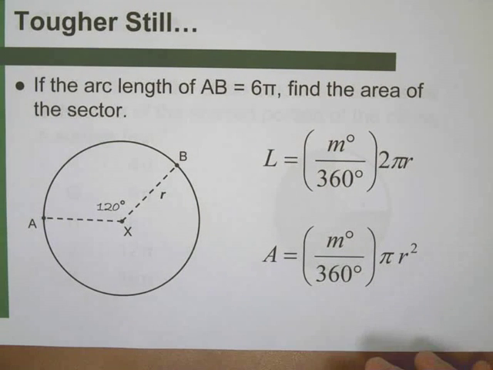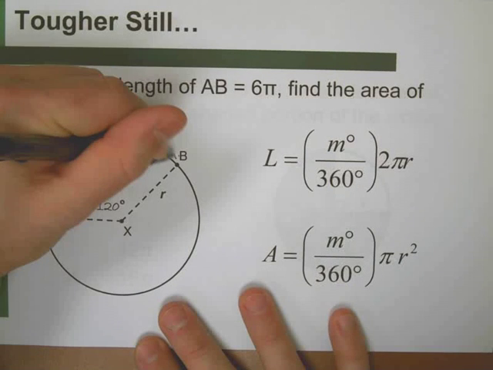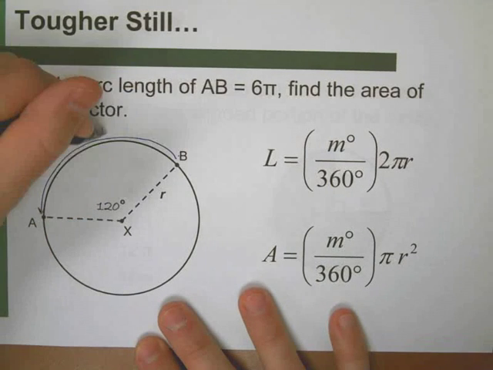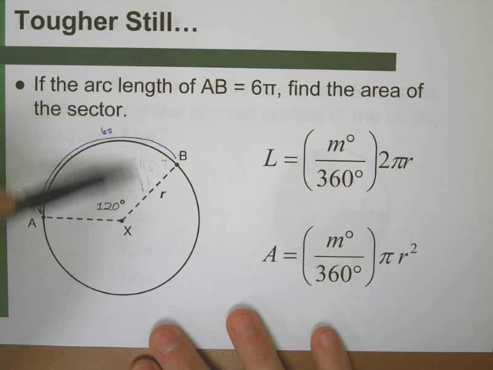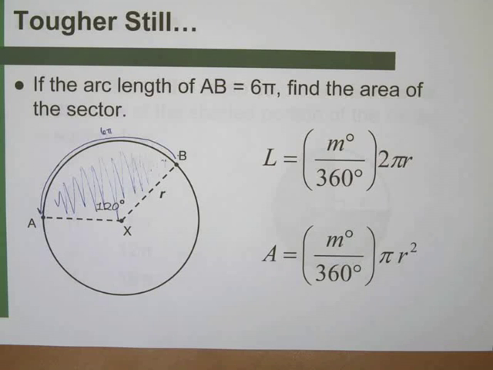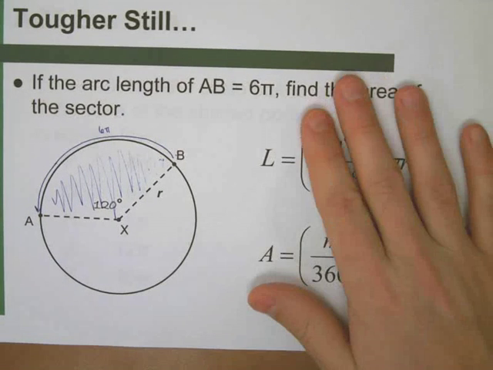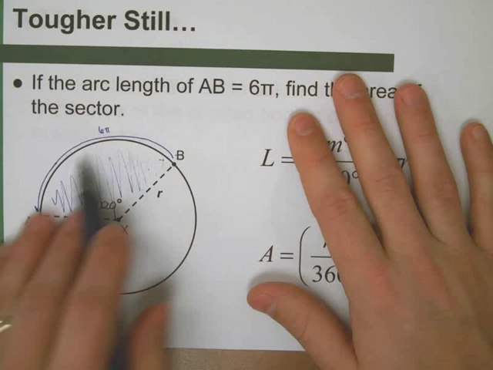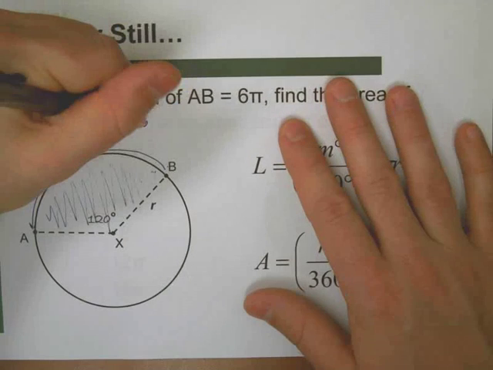All right. Now, if the arc length is 6 pi, find the area of the sector, which is this shaded area here. Find that area if I know that the arc length is 6 pi. So here we go. First things first. If that's 6 pi and it's 120 degrees, here's what I know.